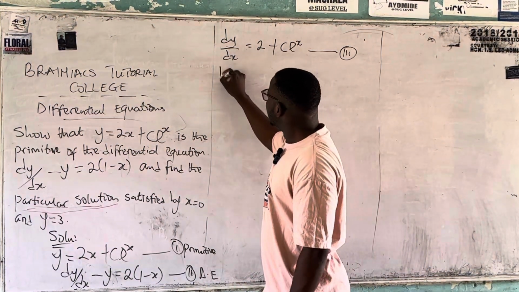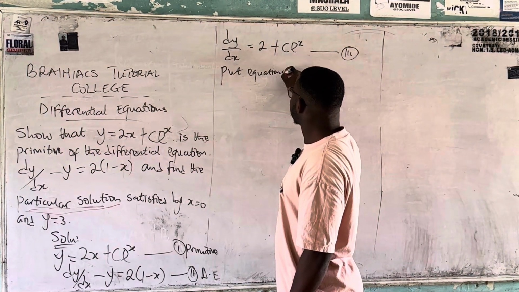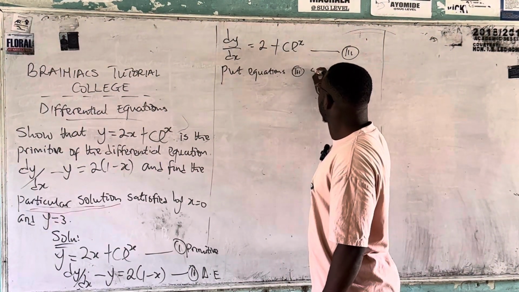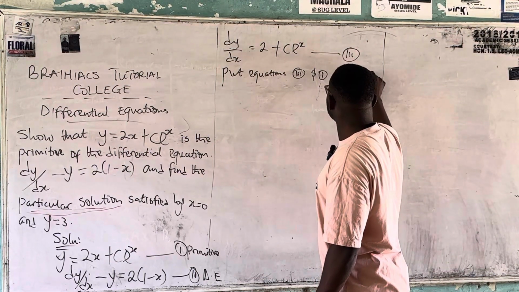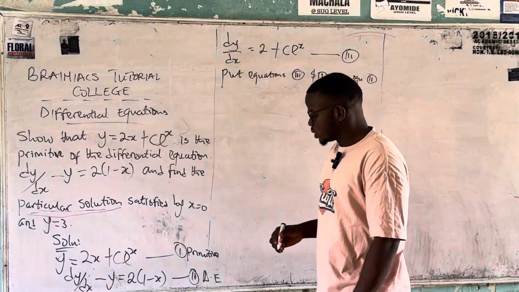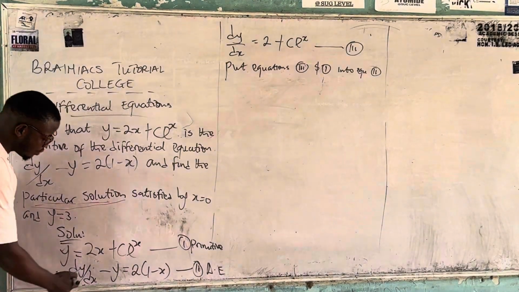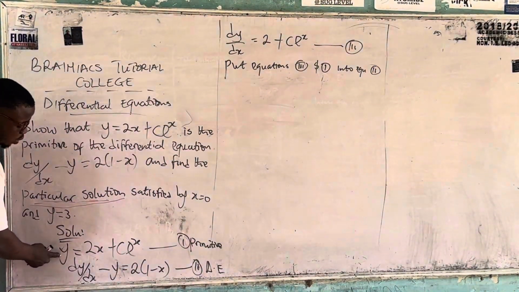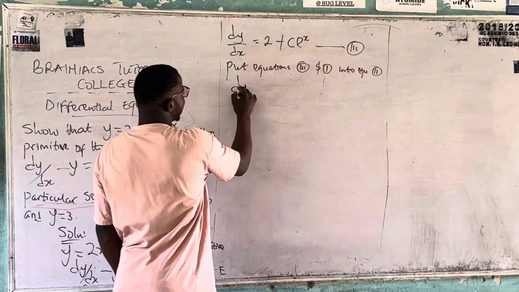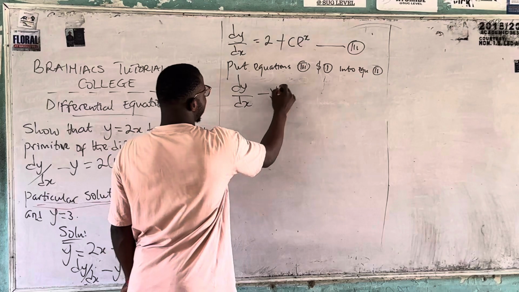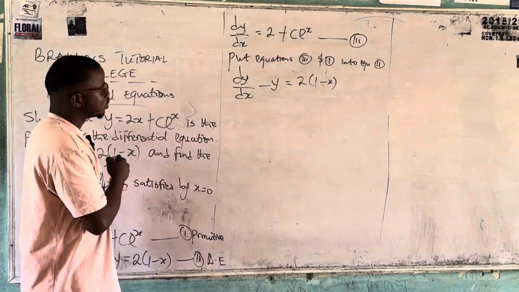So we substitute equations 3 and 1 into equation 2. From equation 2, y is what we have in equation 1, and dy/dx is what we have in equation 3. Recall that equation 2 is dy/dx minus y equals 2, open bracket 1 minus x.